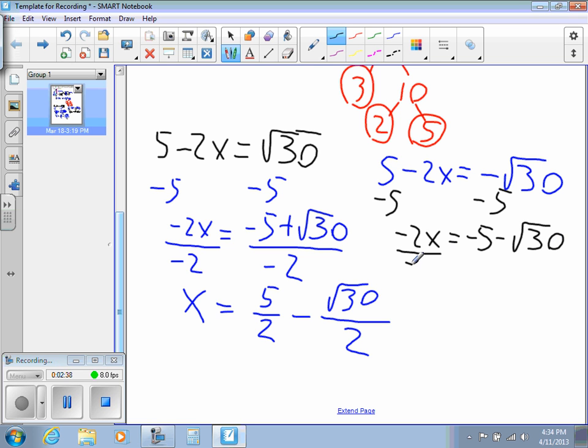Divide both sides by negative 2. And I have x equals 5 over 2 plus the square root of 30 over 2.